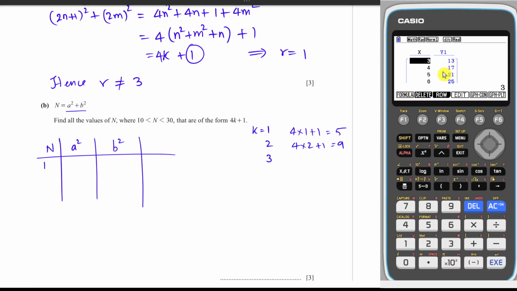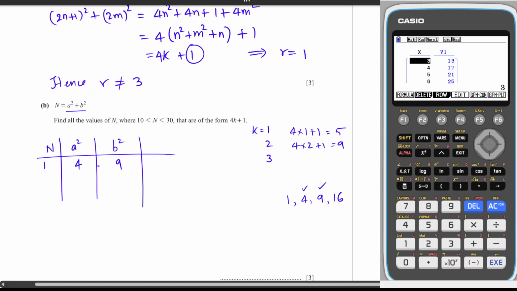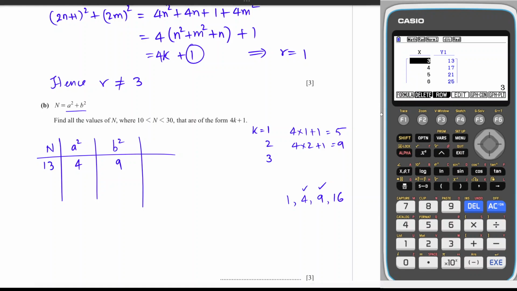If n is 13, do I get, again I can write my squares, 1, 4, 9, 16. Am I getting 13? Yes, 4 and 9. So I'm getting this as 2 square plus 3 square, so a square and b square will be 4 and 9 when n is 13.